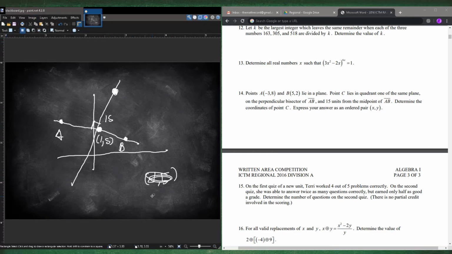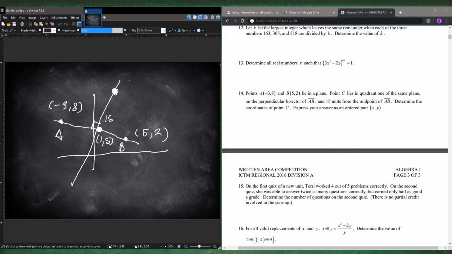Okay, so instead of doing math to find out what that is, I usually use this idea of slope, right? So this is negative 3, 8, and this is 5, 2, right? So to get from the y coordinate 8 to y coordinate 2, you have to go down 6. Okay?